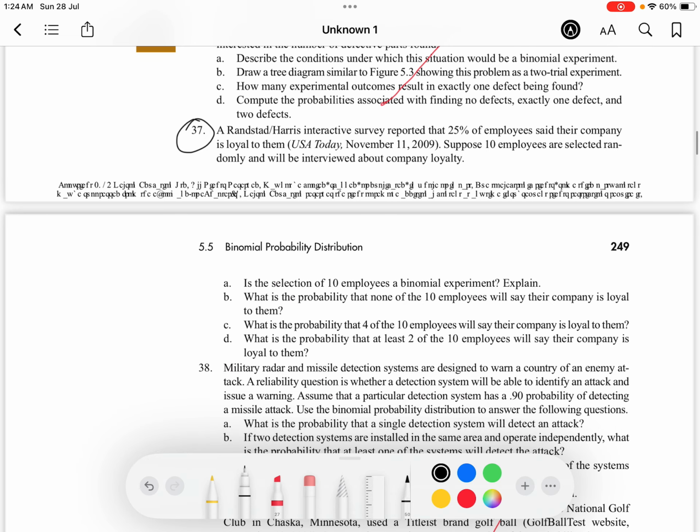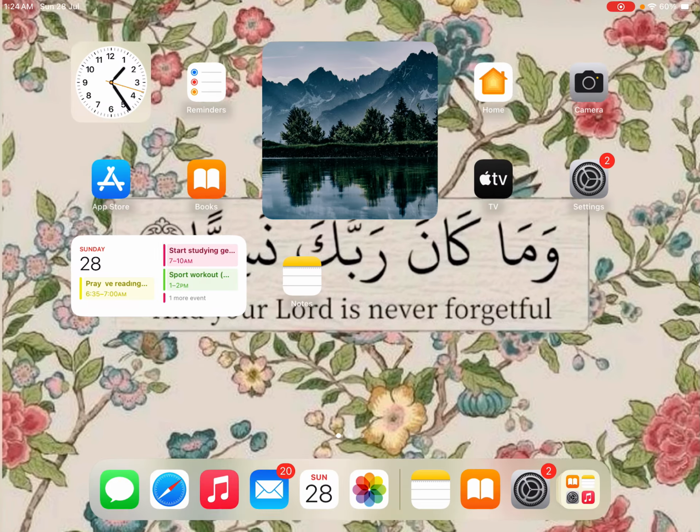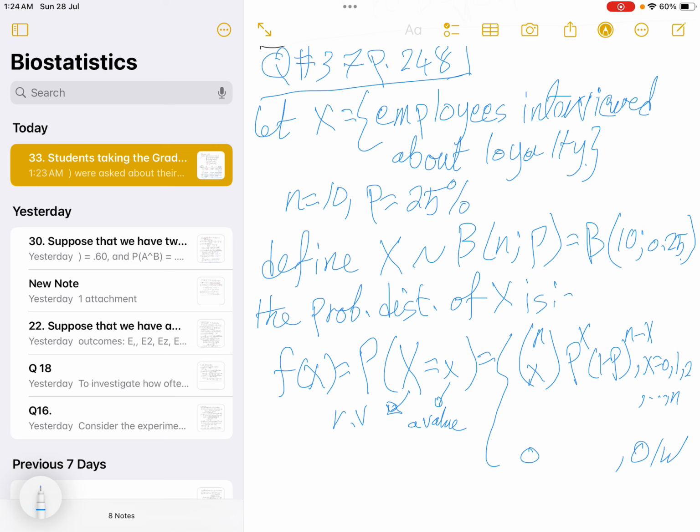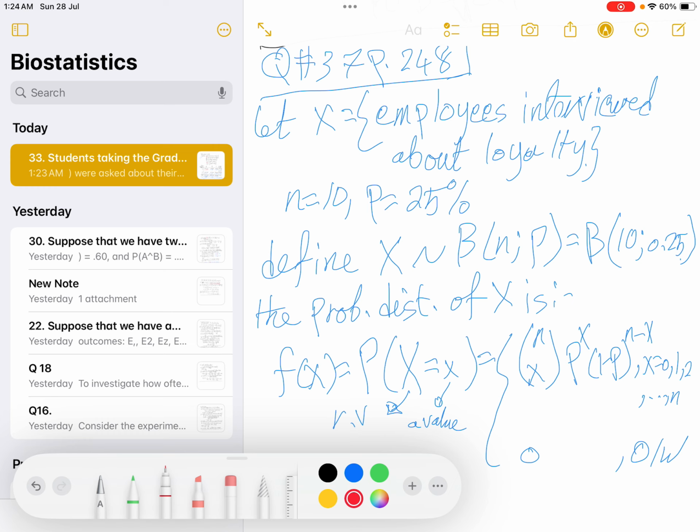Is the selection of 10 employees a binomial experiment? Yes, and I answer it. What is the probability that none of the 10 employees will say their company is loyal to them? Part A is here.